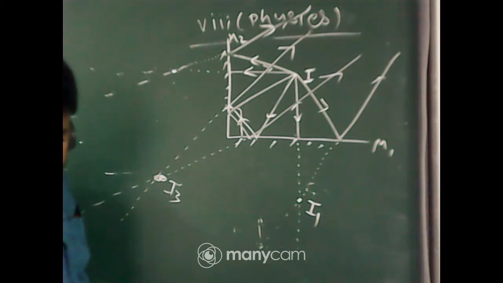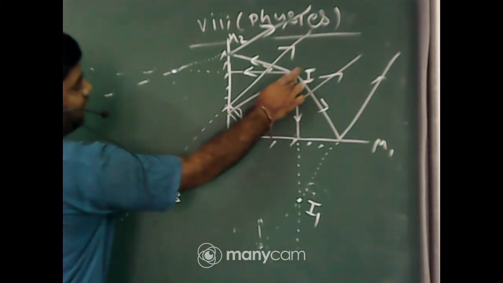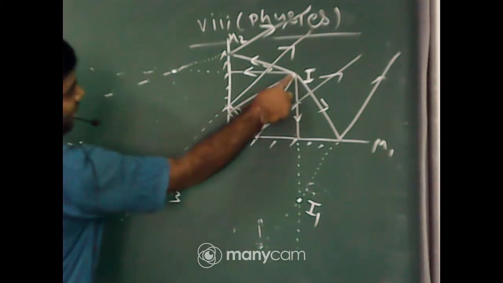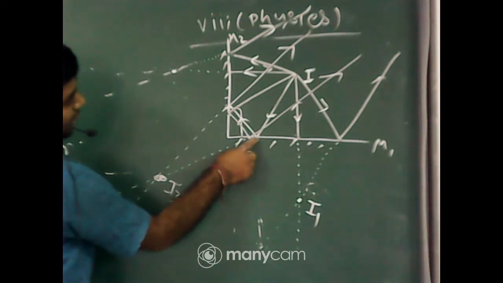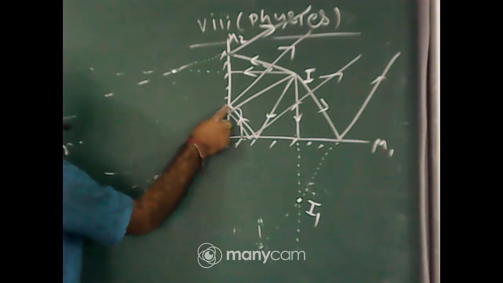Okay. Does anyone have any problem? Which one? The last part. Watch it. The one ray falls on it. Then again it is reflected to M2.